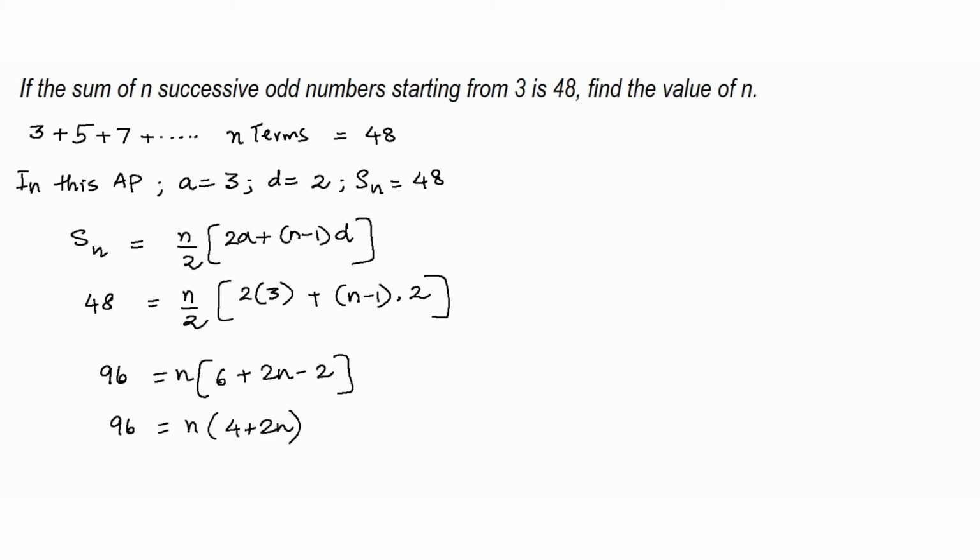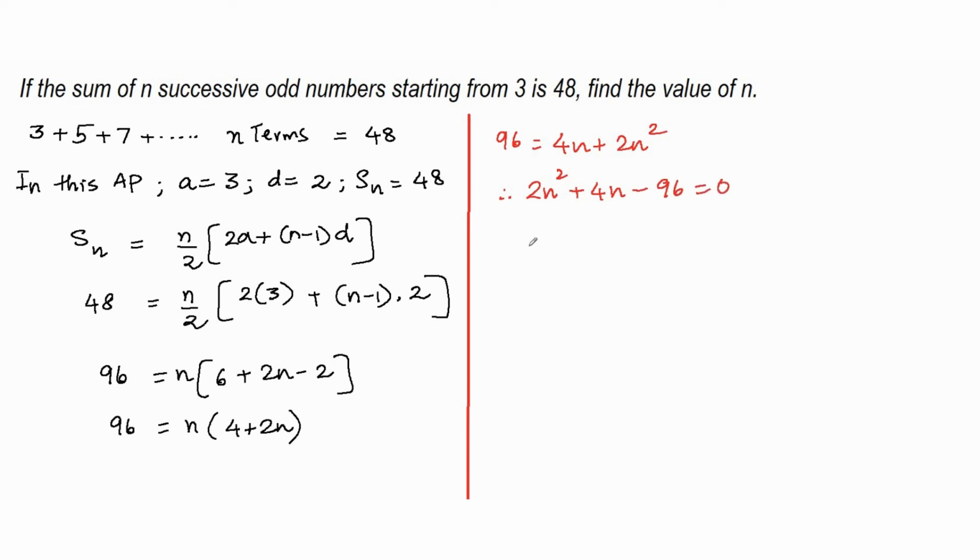Opening up the brackets, the quadratic equation I get is as follows. 96 equals 4n plus 2n square, and therefore 2n square plus 4n minus 96 is equal to 0. I can divide throughout by 2, so I get n square plus 2n minus 48 is equal to 0.